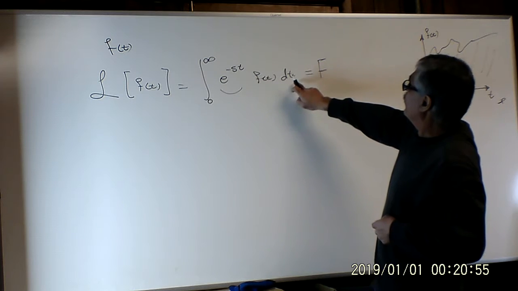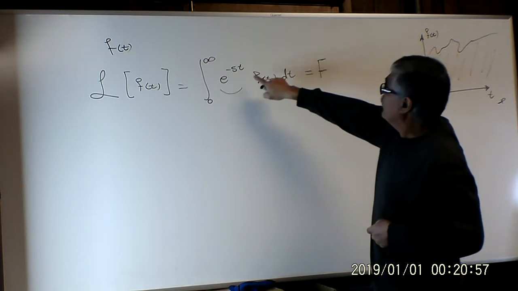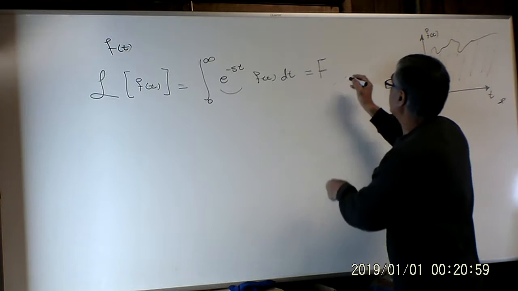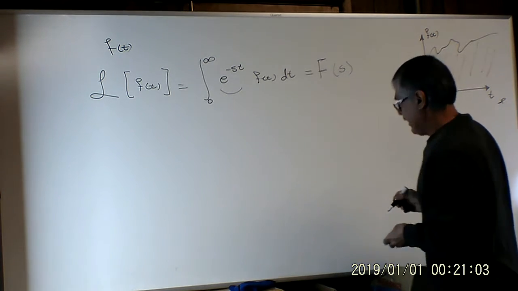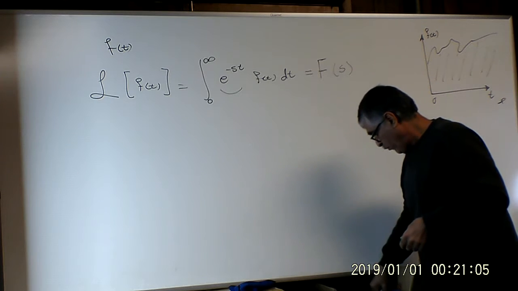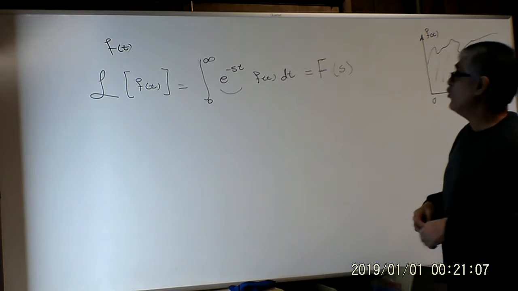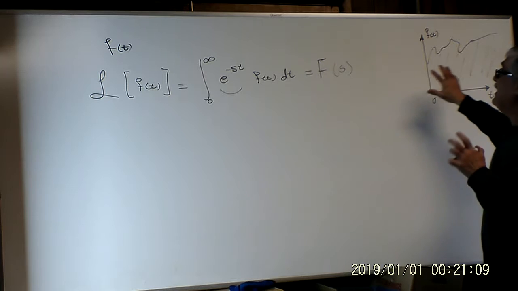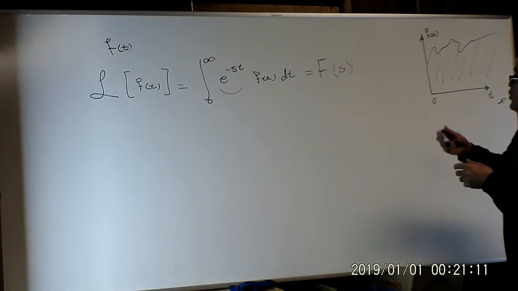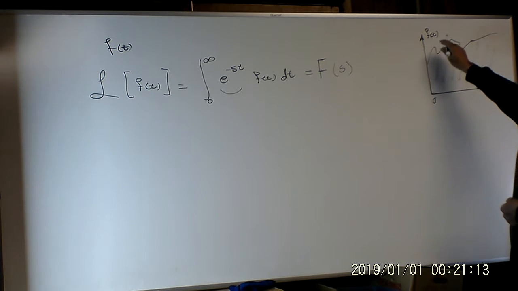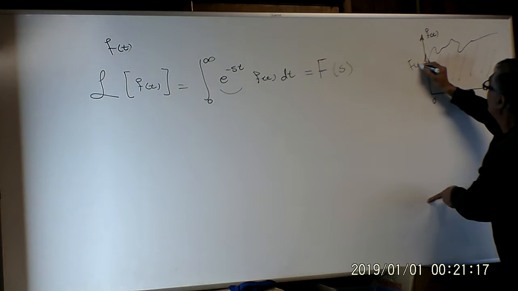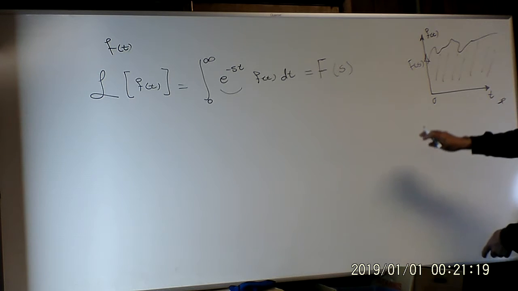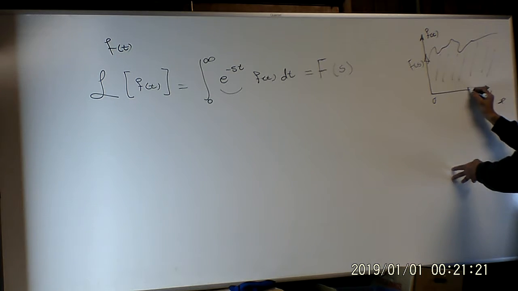Once we solve this for t, we are going to have a new expression in terms of s. So we are going to have a new variable s. So what Laplace is actually doing here, within the same domain, he's changing our function from f of t to F of s, and our variable from t to s.